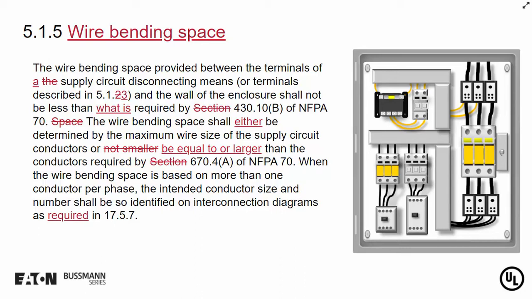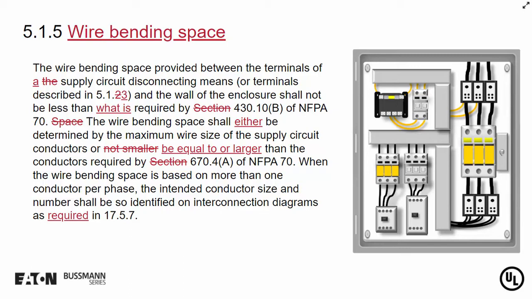And I mention this because there's just one table that's referenced in NFPA 79. You see in the slide, it references a table that's in Section 430.10b of NFPA 70. Article 430 covers motor control, motor circuits.